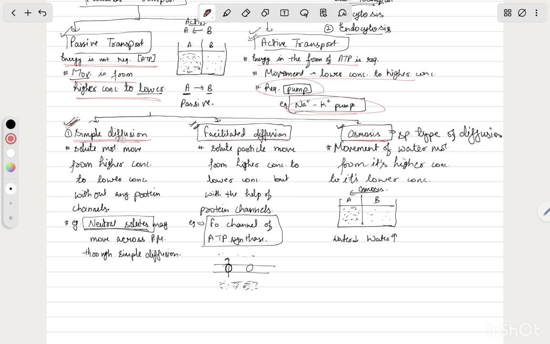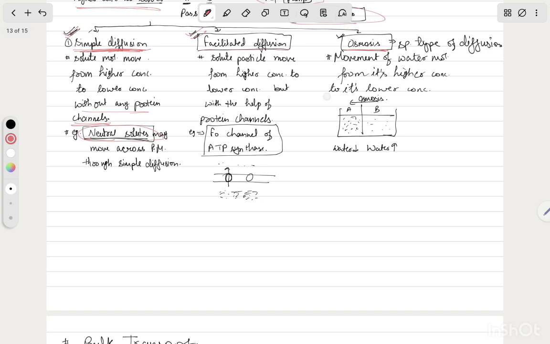If diffusion of molecules is from higher concentration to lower concentration but without any protein channel, that is simple diffusion. Example, neutral solute. And second is facilitated diffusion. In facilitated diffusion, movement is the same, solute particles move from higher concentration to lower concentration but with the help of protein channels.